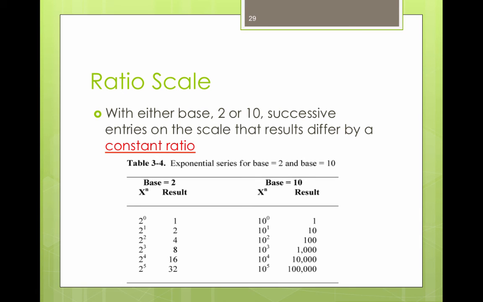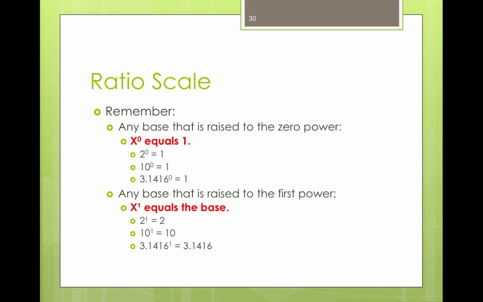And here are 2 examples of a base at 2 and a base at 10. Remember, a number to the 0 equals 1, regardless of the number, and a number to the 1st power will always equal that base number.